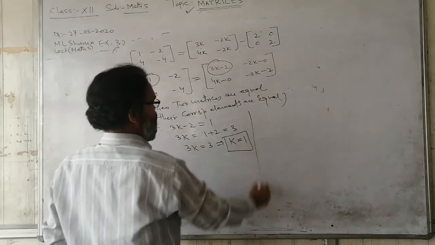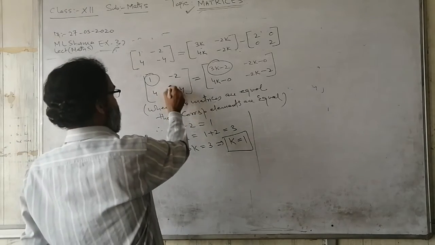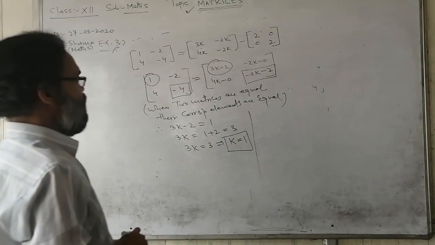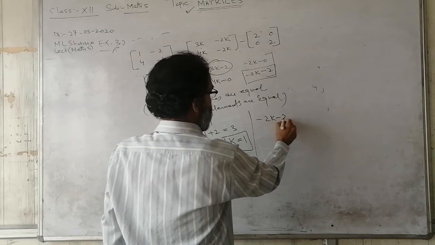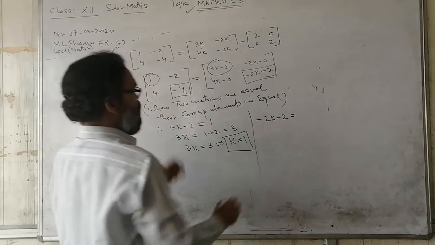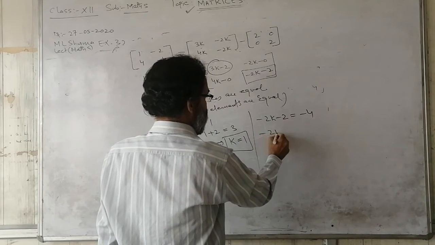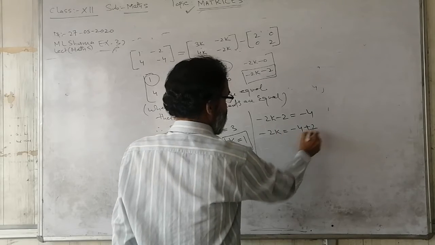Again, if I take this element and this element, I can equate minus 2K minus 2 is equal to minus 4. So I can have minus 2K equal to minus 4 plus 2.